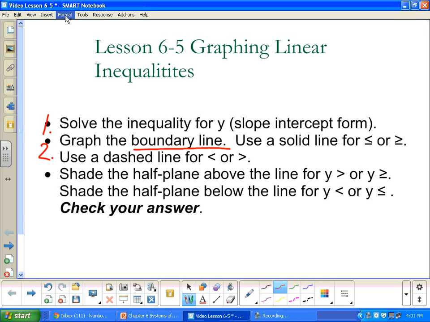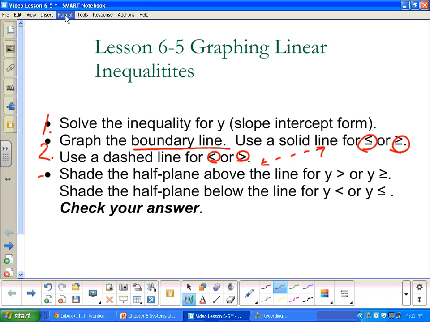In solving a linear inequality, you'll use a solid line for your graph if it has a bar underneath it. So if it's less than or equal to or greater than or equal to, you will use a solid line. However, if it's less than or greater than, you will graph and connect the points with a dashed line.